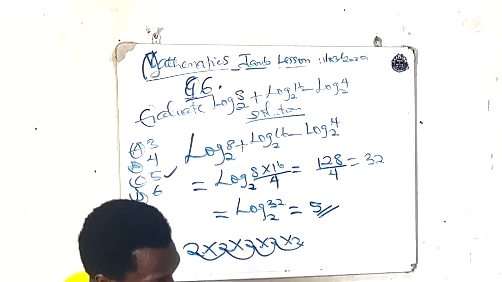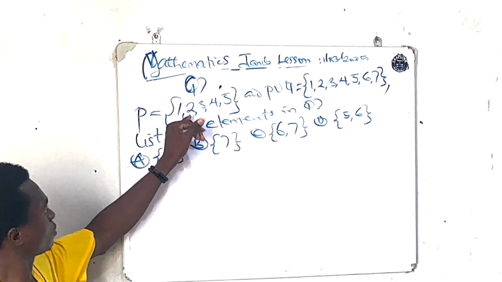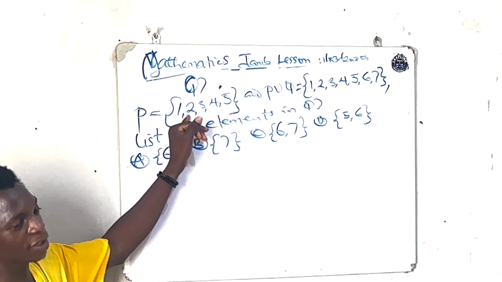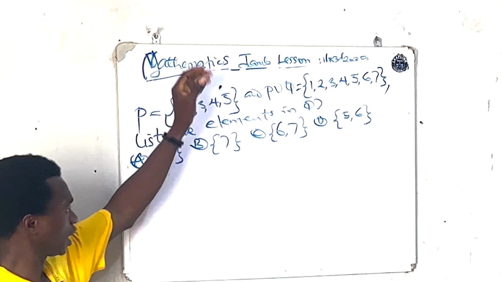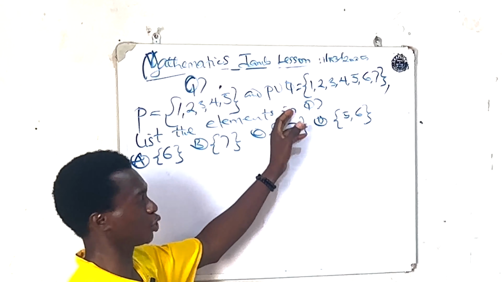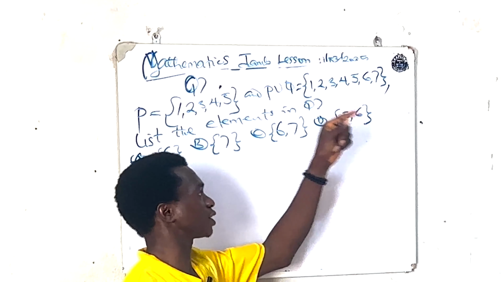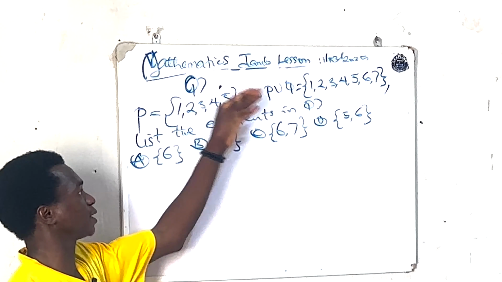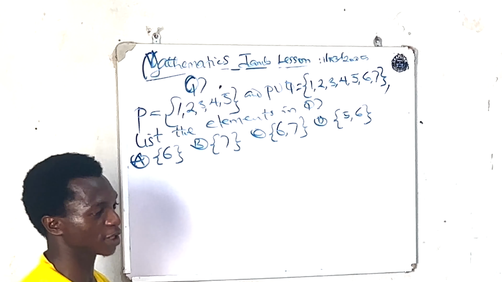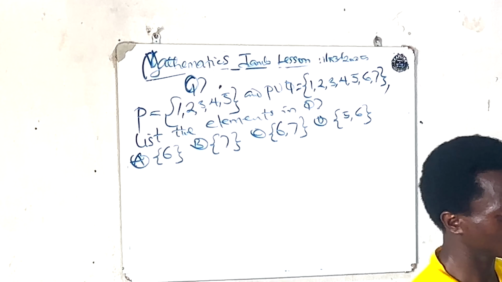Now let's look at question 7. If set P is given as 1, 2, 3, 4, 5, and P union Q is equal to 1, 2, 3, 4, 5, 6, 7, then what are the elements that set Q is likely to contain?